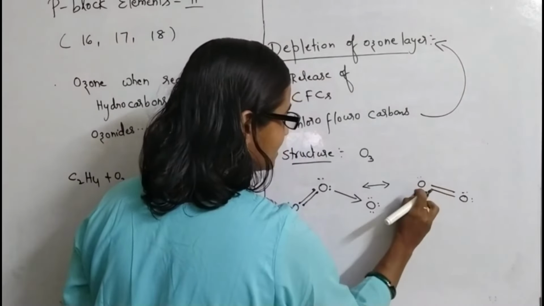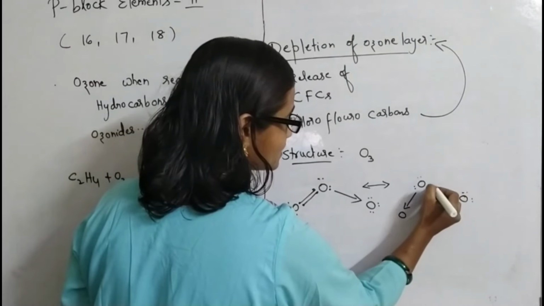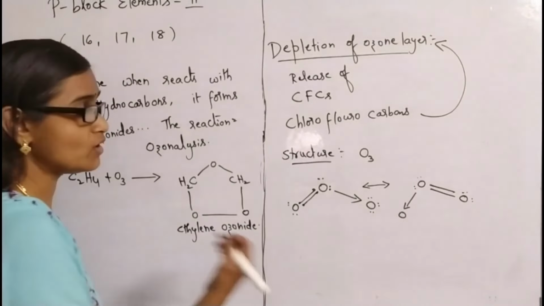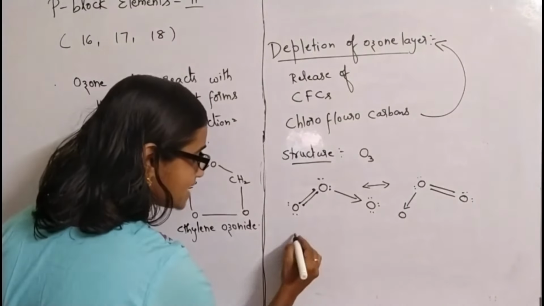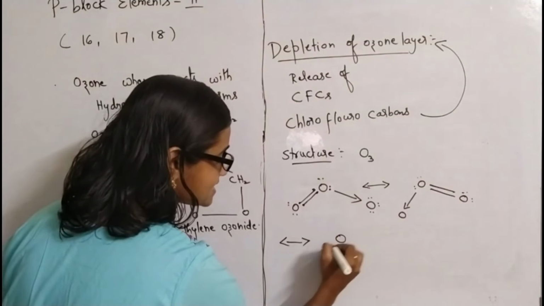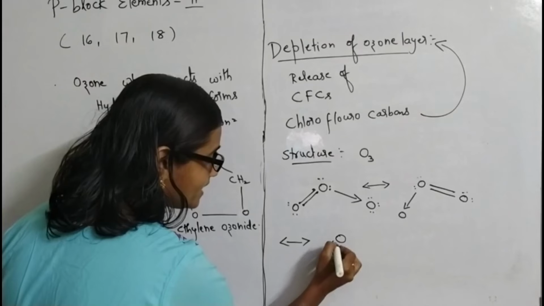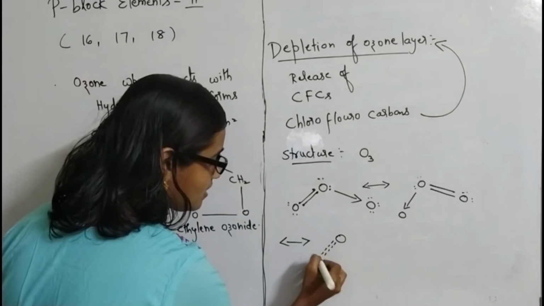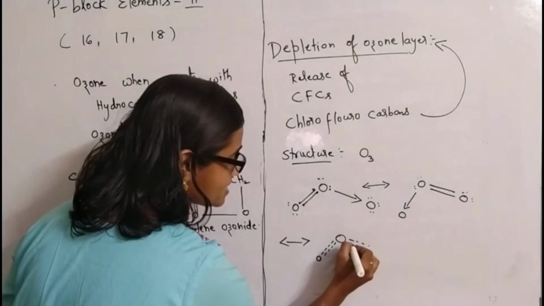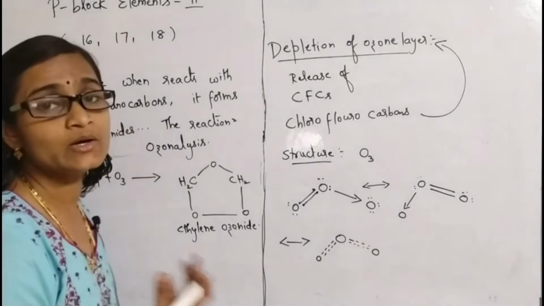So you can even draw the structure of ozone like this also. Accordingly, you will have canonical structures, and the resonance hybrid structure can be drawn like this. You will draw a dotted line between the oxygen atoms, which indicates that the pi electrons can be shifted.